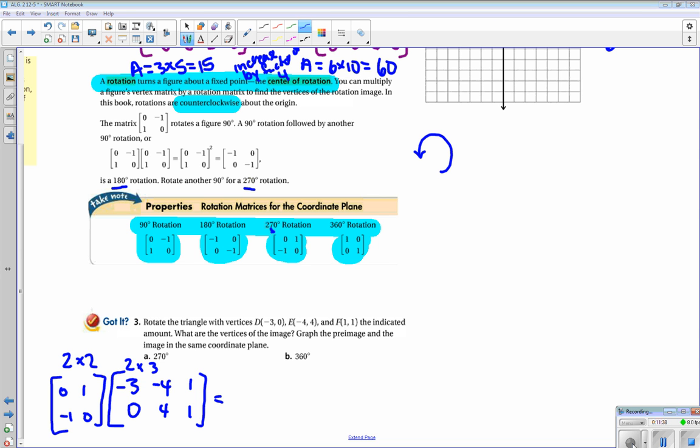So when I do this multiplication, I get out 0, 4, 1, 3, 4, -1. So my D coordinate is 0, 3, and my E and F coordinates translate to these guys here.